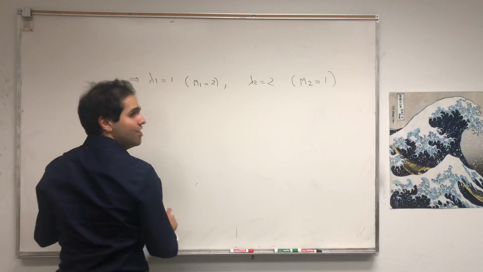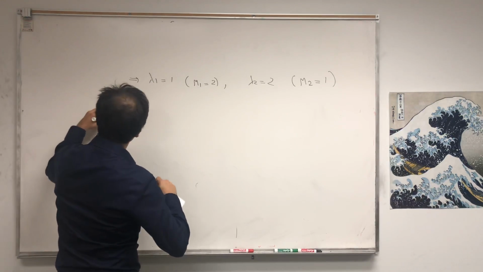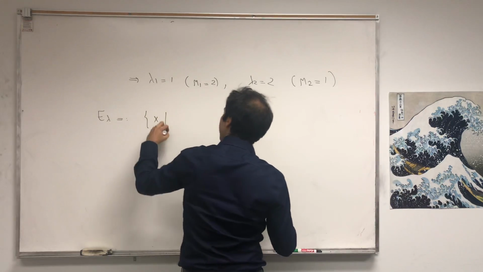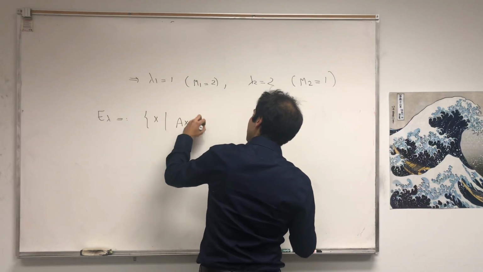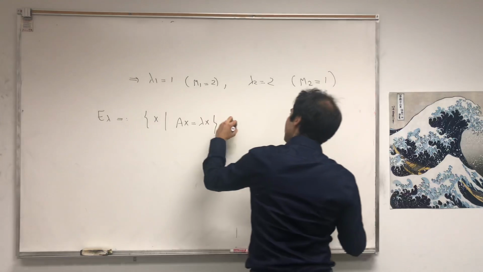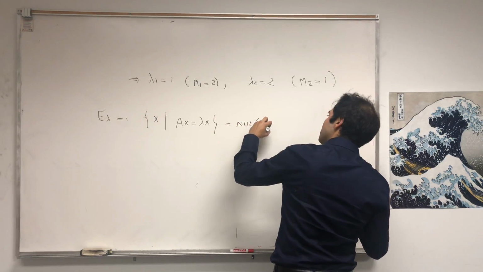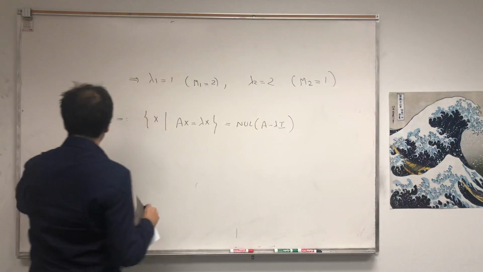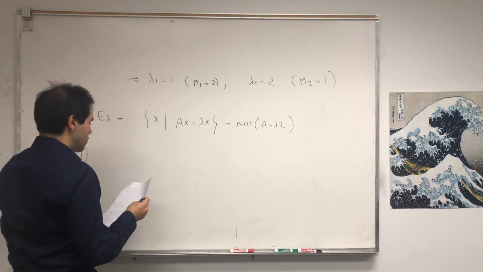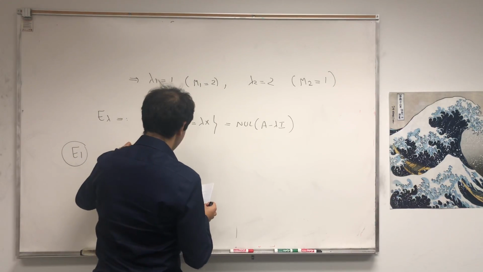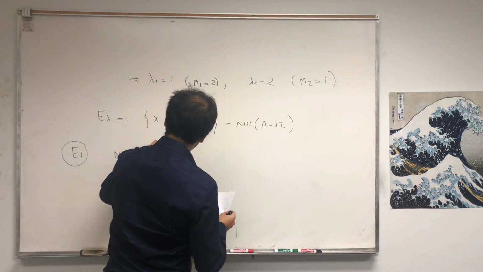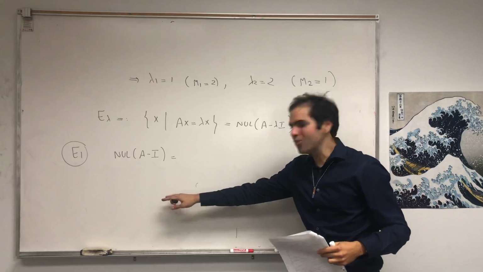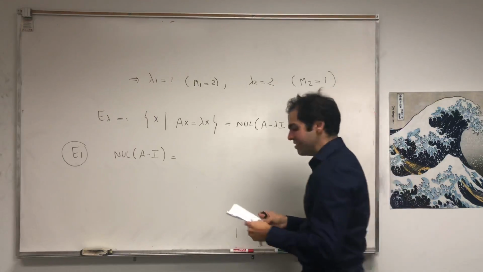And here's the definition of the eigenspace. E lambda for a given eigenvalue is just the set of x where Ax equals lambda x, which is really the same thing as the null space of A minus lambda I. So for E1, let's find the null space of A minus I, which you can get by setting t equals to 1 in the stuff that I erased.